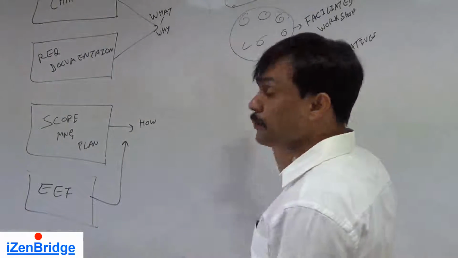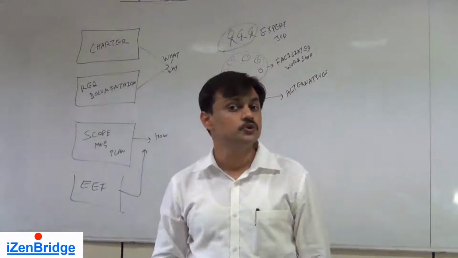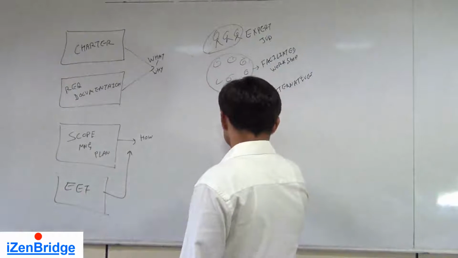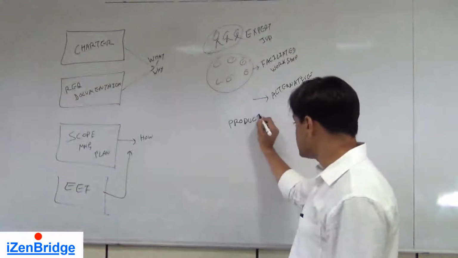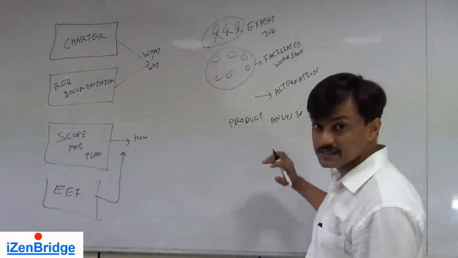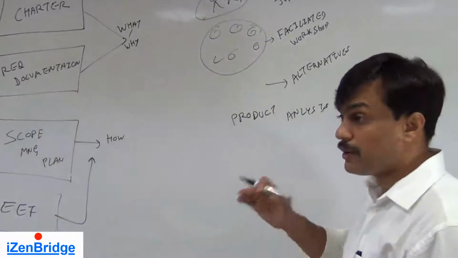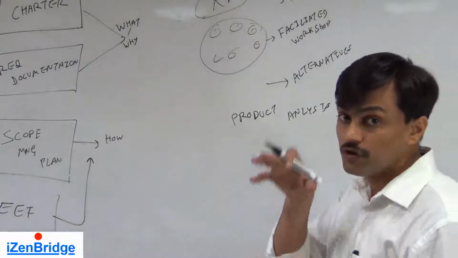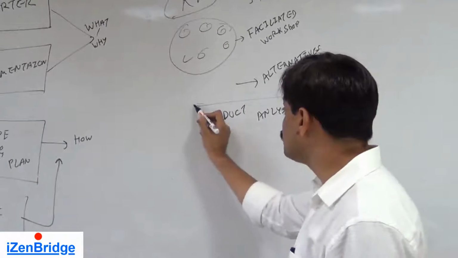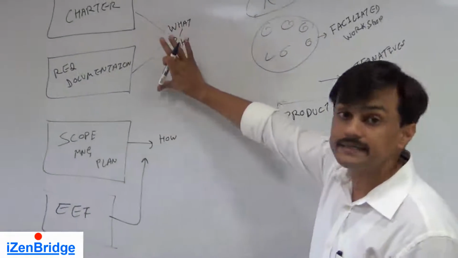Now if you are working on a product, meaning your output is a product, then you may also use product analysis as a tool and technique. Product analysis is another subject which talks about how you analyze the need and specification by doing value engineering, by identifying the interaction of the end user with the product, and identifying the best features and the best way of satisfying the needs.